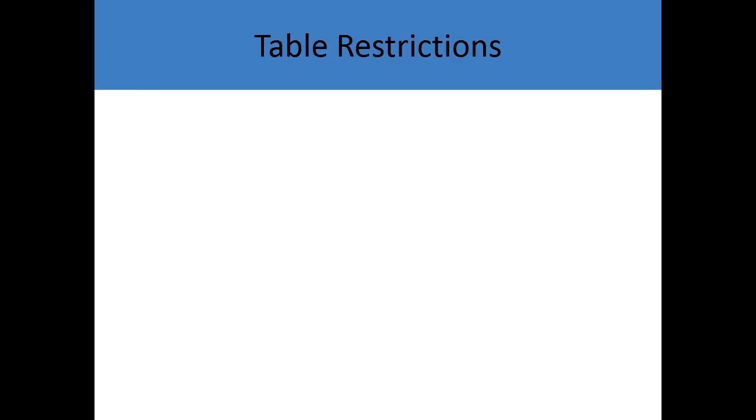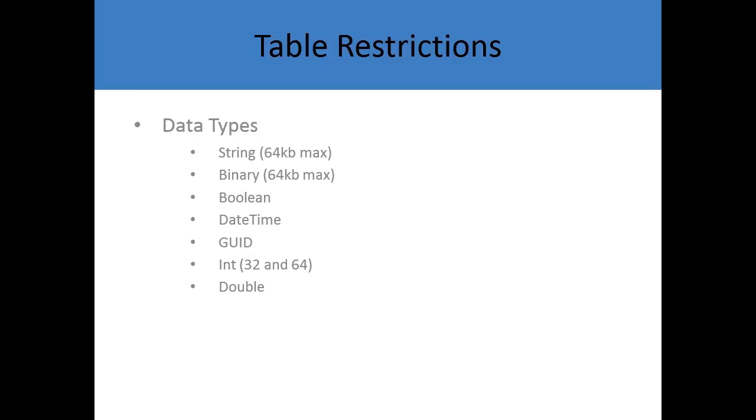Now, there are a few restrictions. For starters, the data types. There are several standard data types that are supported, and you see there's string and binary, 64 kilobytes maximum in terms of their size. Then we can also have Boolean, date time, globally unique IDs, integers, both at 32 and 64-bit sizes, and double if you need something like currency.